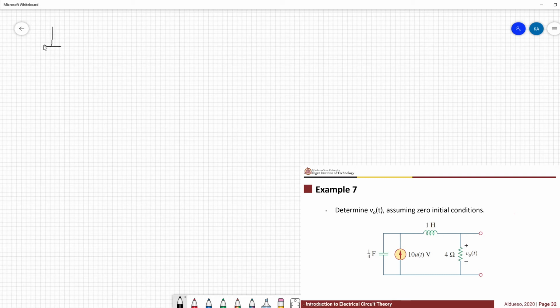We have the capacitor with no initial condition. We have 4 over s, and the current source 10 u(t), whose Laplace transform is 10 over s.